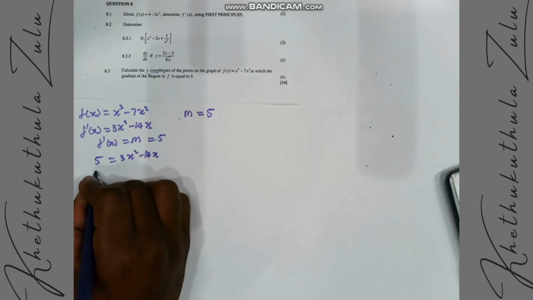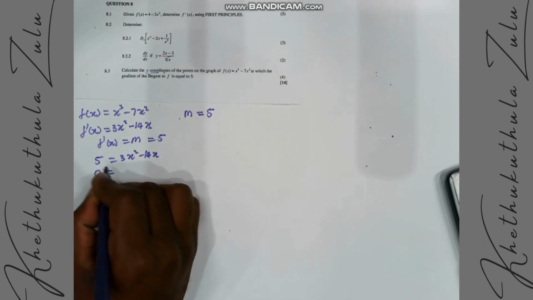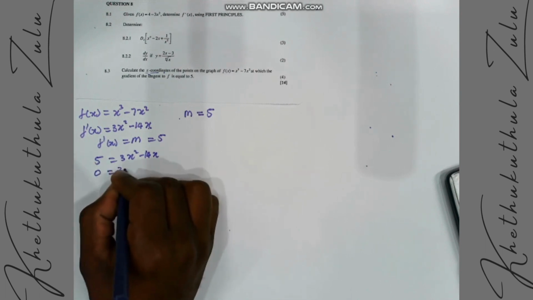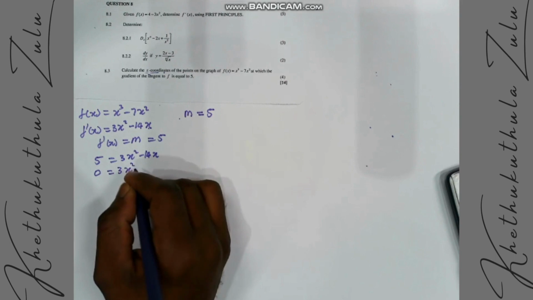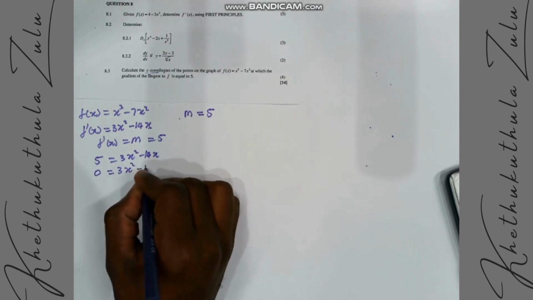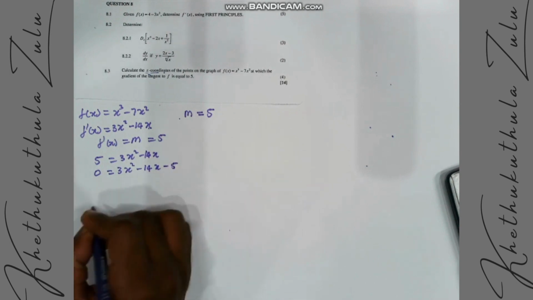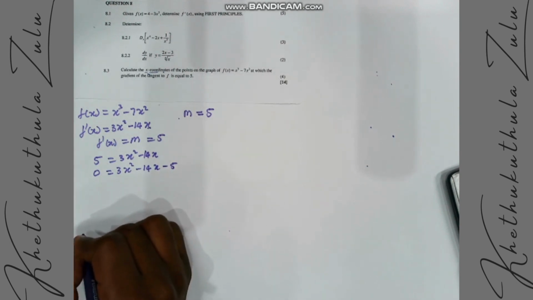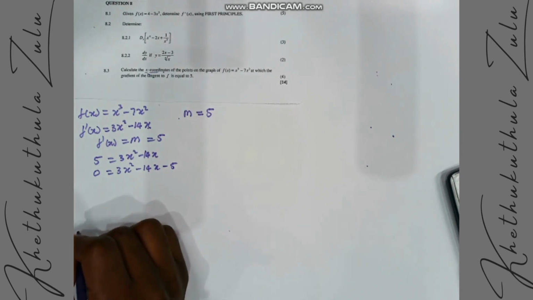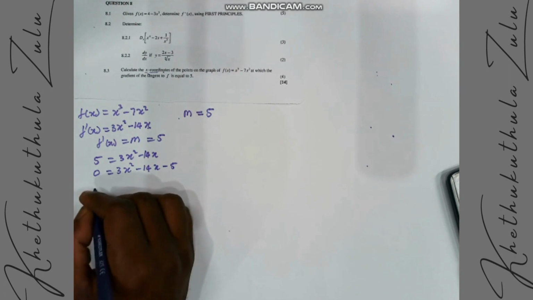Then from here, take this 5 to the other side, it's just gonna be 3x squared minus 14x minus 5. Then from here we can factorize. If you know how to factorize, if you don't know how to factorize, you just punch the quadratic formula.